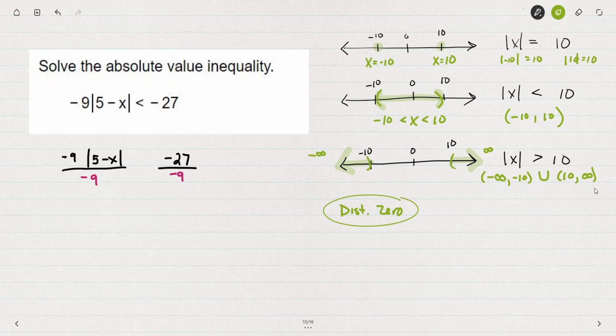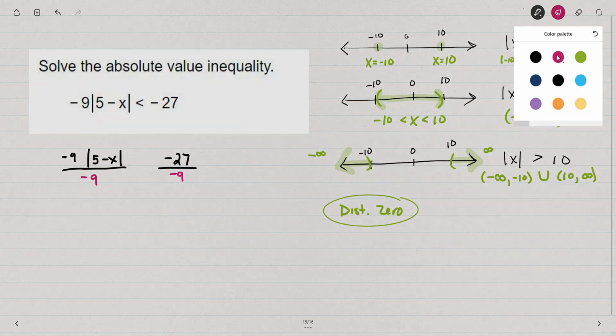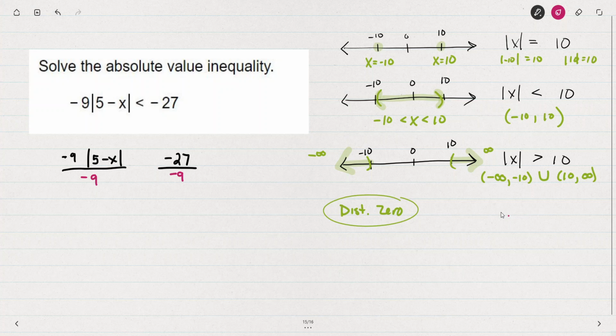So let's look at our example here. We've got the absolute value of 5 minus x, times negative 9, is less than negative 27. Right off the bat, the easiest thing to do is to divide both sides by negative 9. The reason I'm doing that is I'm going to simplify this inequality by isolating this absolute value.